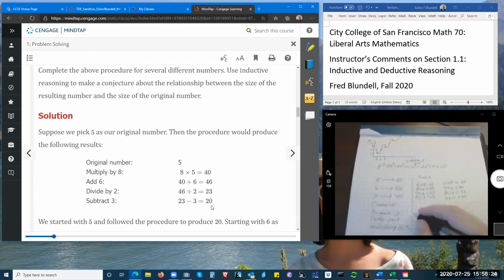Okay. So that process of looking at a bunch of examples and guessing the pattern, that is inductive reasoning.